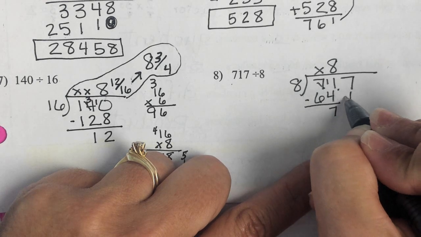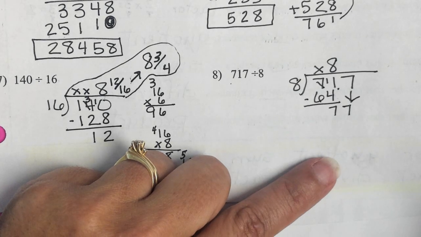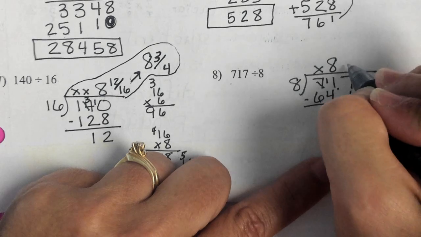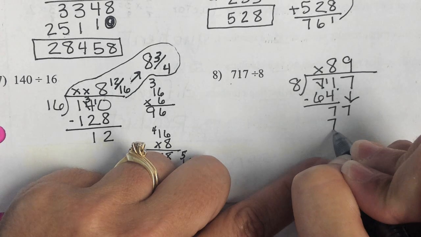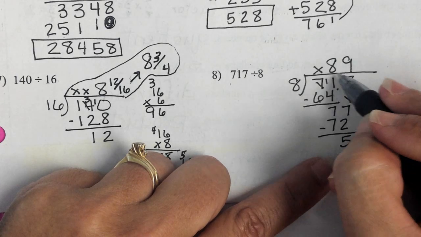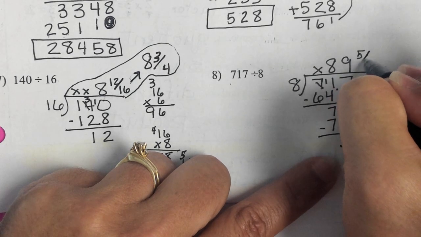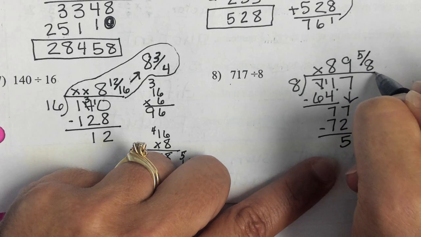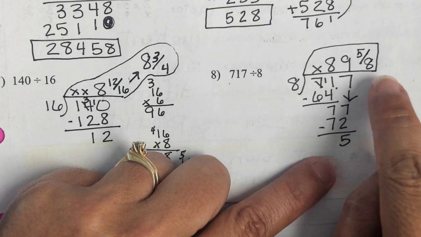Just making sure. Bring down the 7. 8 times 9 is 72. So 89 and 5/8. I've got to see the fractions written tomorrow.